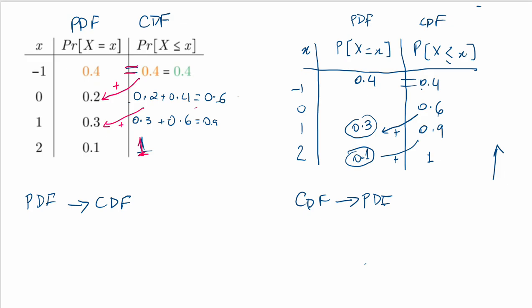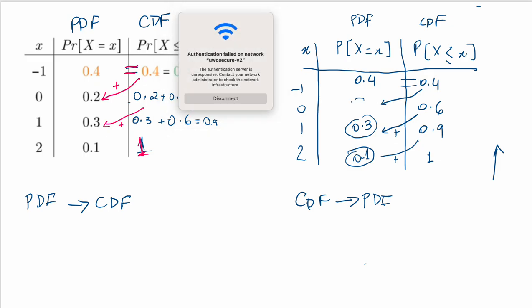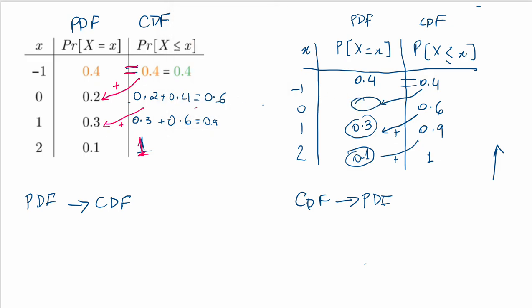How much do you have to sum to 0.4 to give you 0.6? 0.2, right? So if you go with the arrows, whether you're going from CDF to PDF or PDF to CDF, if you follow this reasoning, top to bottom, bottom to top, you will be able to go from one to the other.